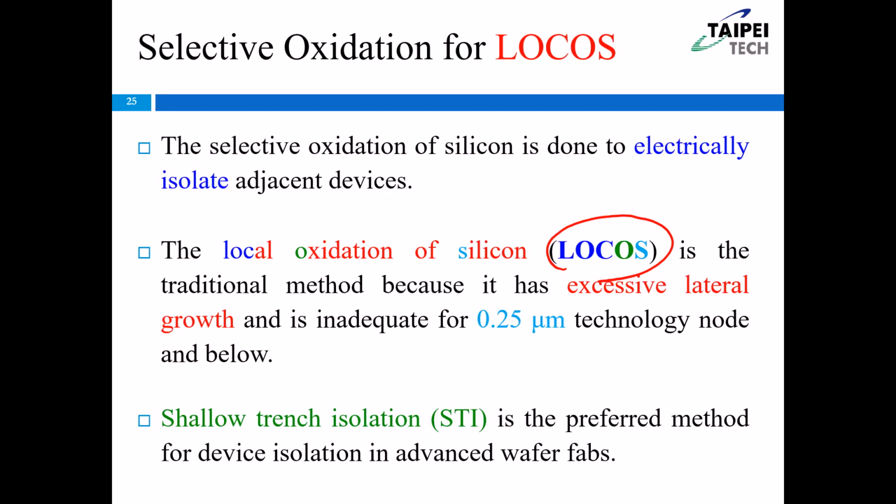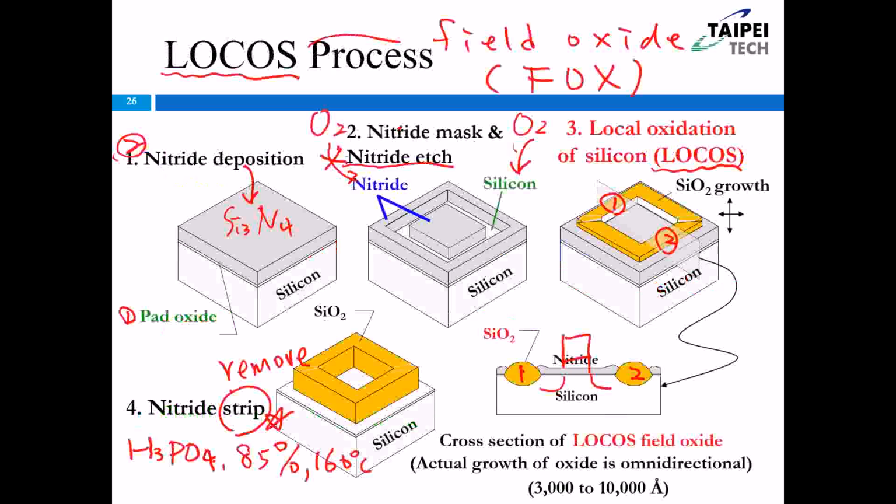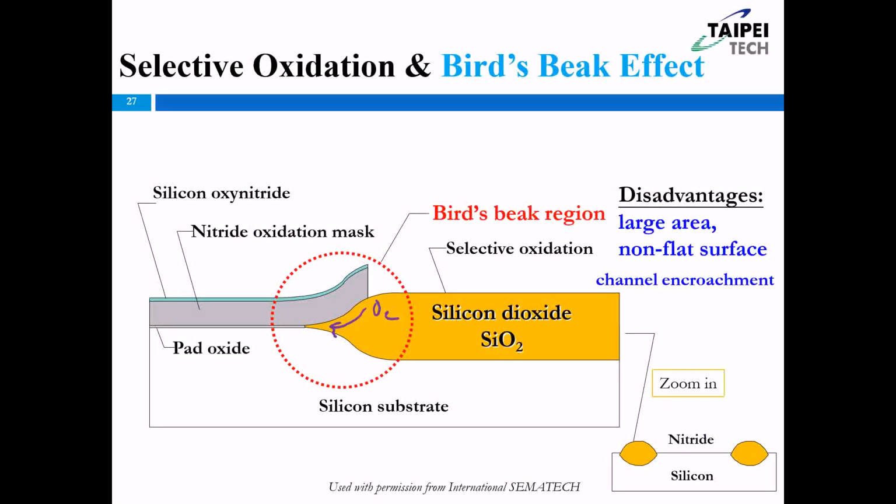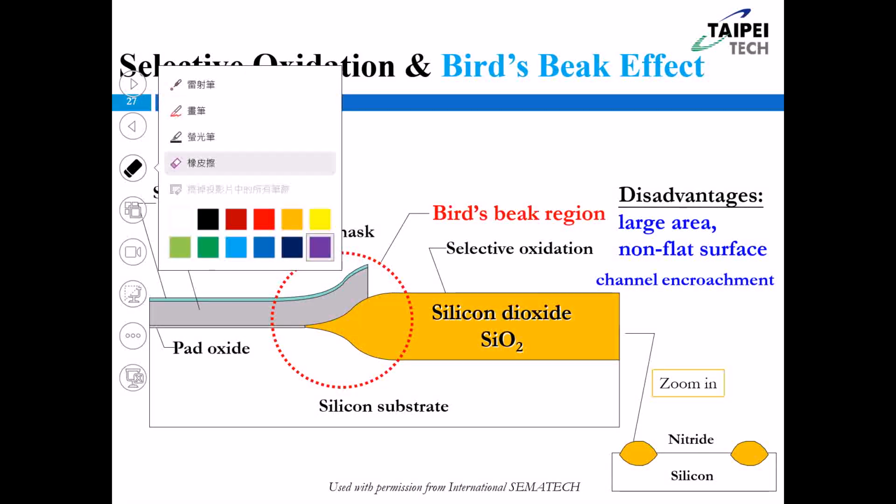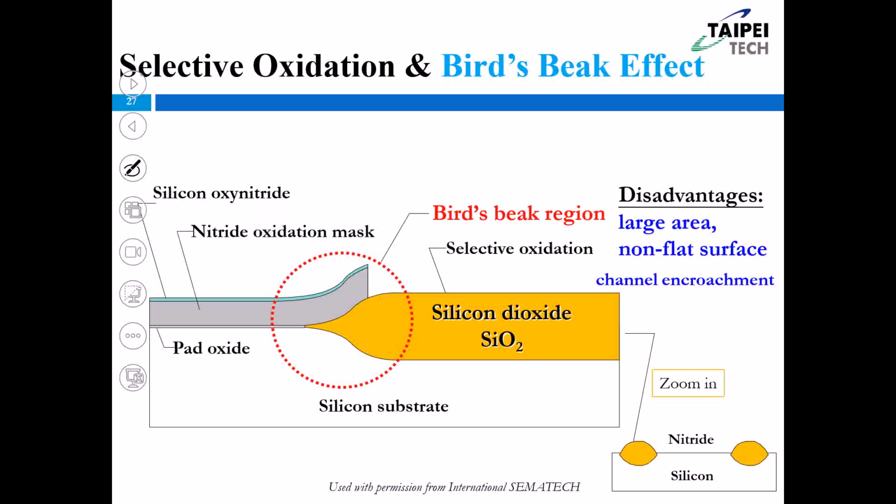It means the oxygen will go to the right side or the left-hand side. So we also have lateral growth on the outside, okay? Oxygen not only goes down, it goes to the right side and the left-hand side. Today, we only assume the oxygen goes to the left side.